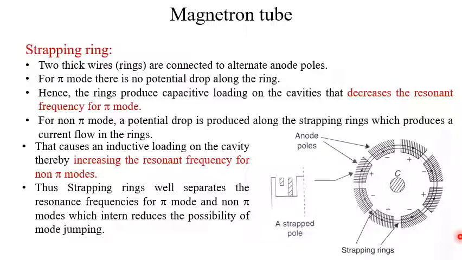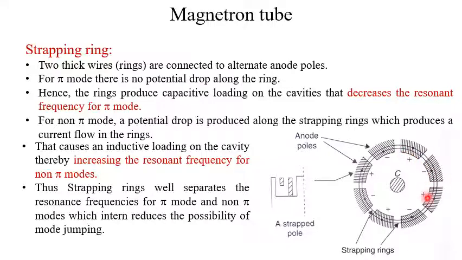For non-pi mode, there is a potential drop, because non-pi mode means if this one is at, say, zero phase, this one will not be exactly 180 degrees out of phase; it may be 200 degrees, something like that. That is why for non-pi mode a potential drop is produced along the strapping ring.